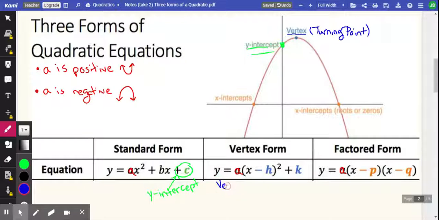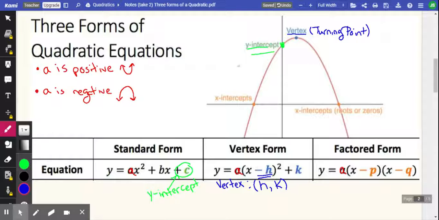And what you may remember from the previous video about vertex form is that the x always lies. So whatever's next to that x, whether it's a plus something, well, that's going to really mean a negative. It's a minus something like here, that really means it's a positive. So it would be h comma k. Whatever's added or subtracted at the end, that's going to stay the same.